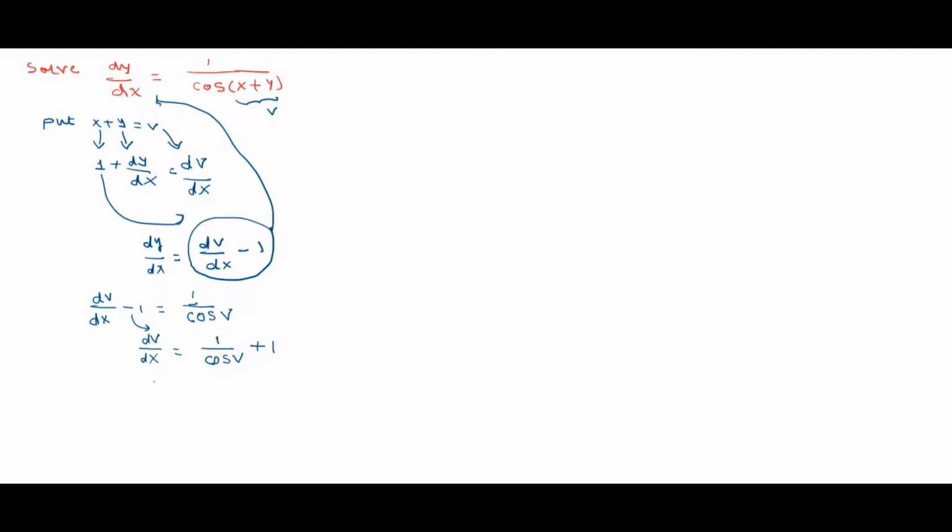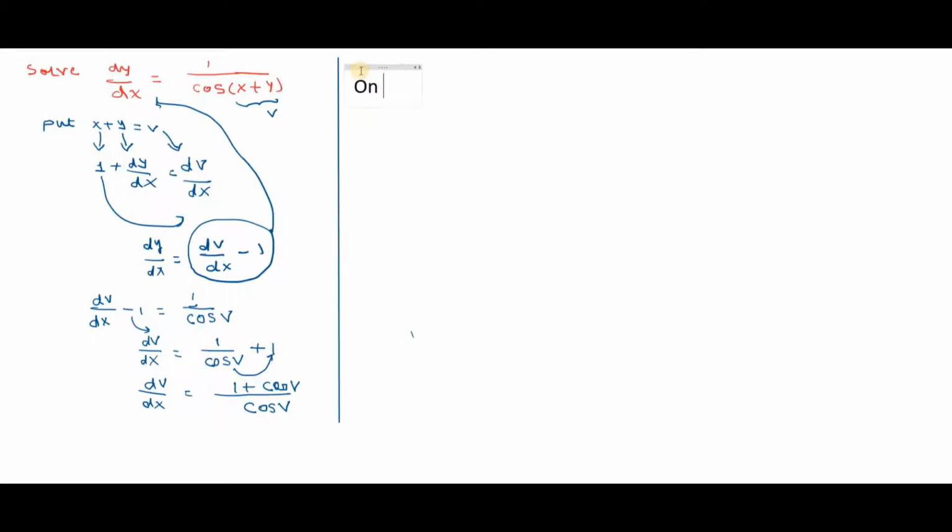Now if we take the LCM, we can write dv by dx is equal to, the LCM is cos v, and by using cross multiplication we get 1 plus cos v.